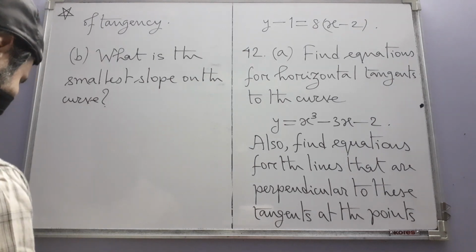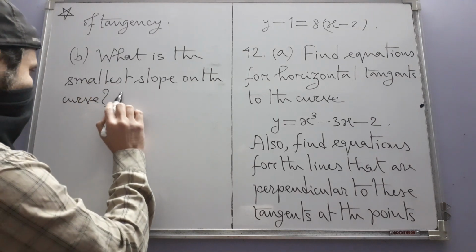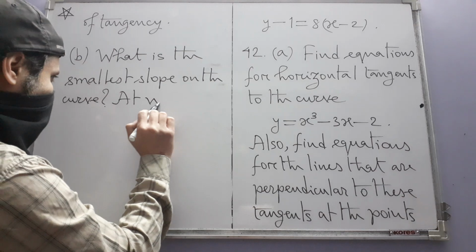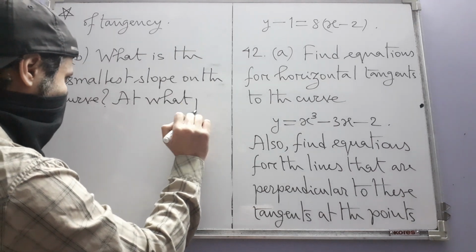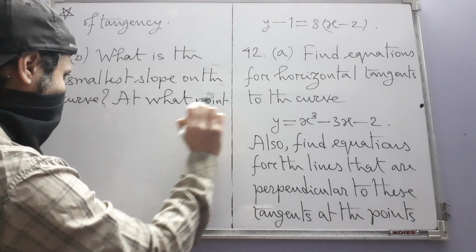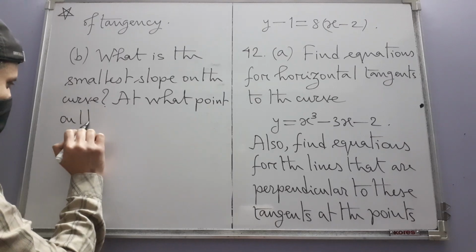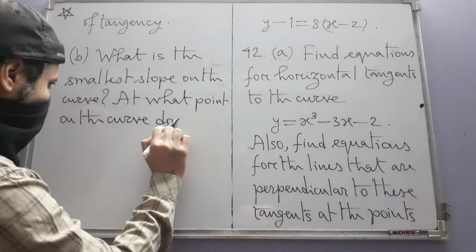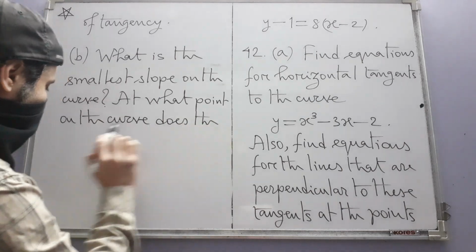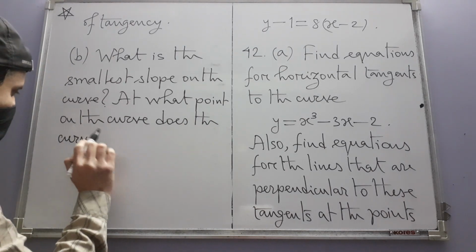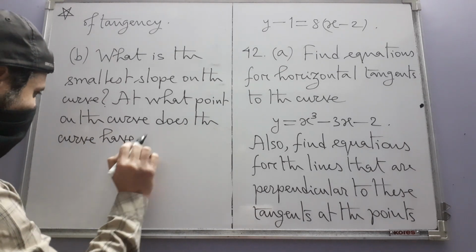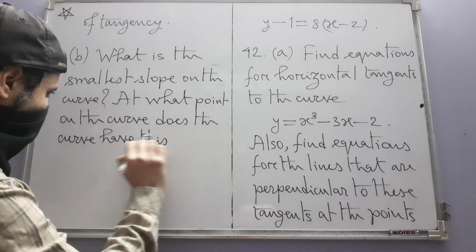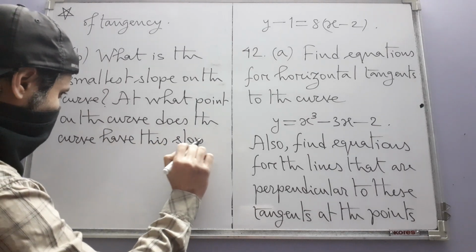At what point on the curve is this slope attained? Does the curve have this slope?